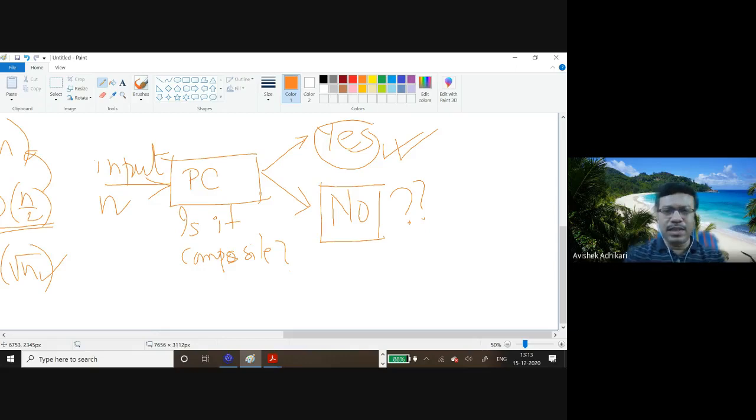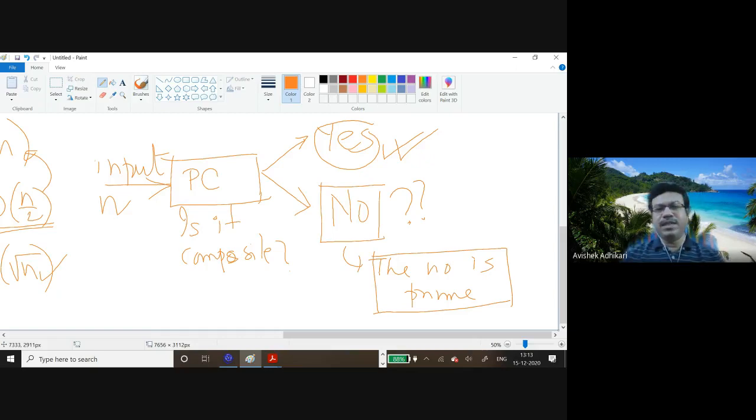So what is its answer? No. That means the number is prime. When will it give you a wrong answer? The number is prime means the number is actually composite, but by mistake the algorithm says the number is prime. That's the error.